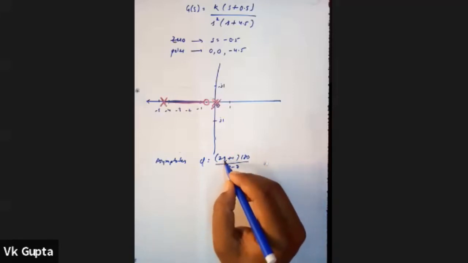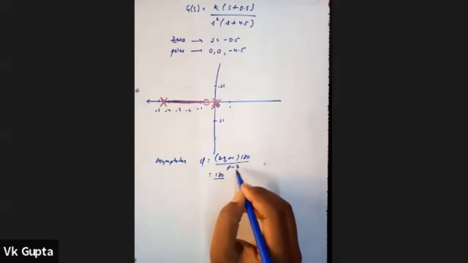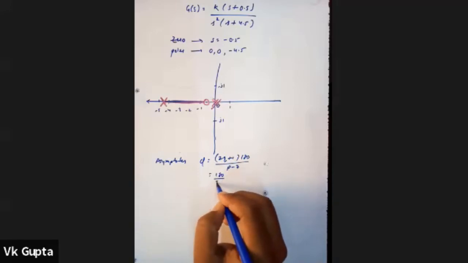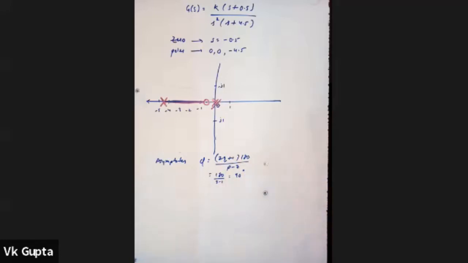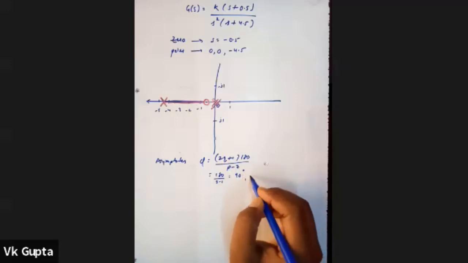So when q is 0, this becomes 180 by (P minus Z). We have 3 poles and 1 zero, so this becomes 90 degrees. Similarly, when you put q equal to 1, we will get 270 degrees.